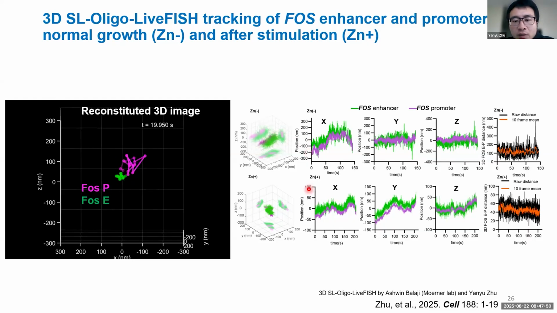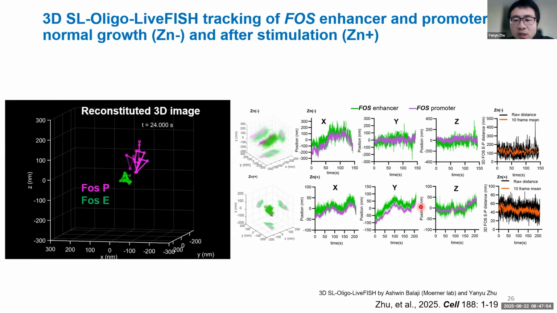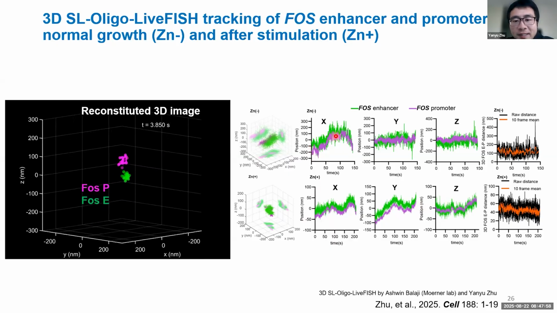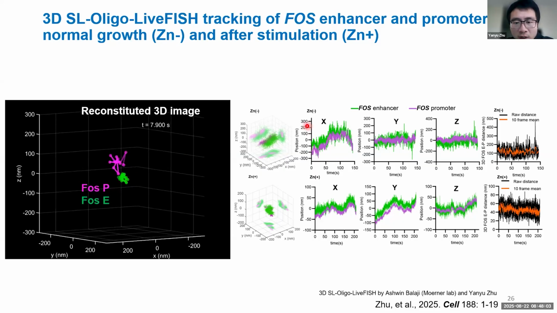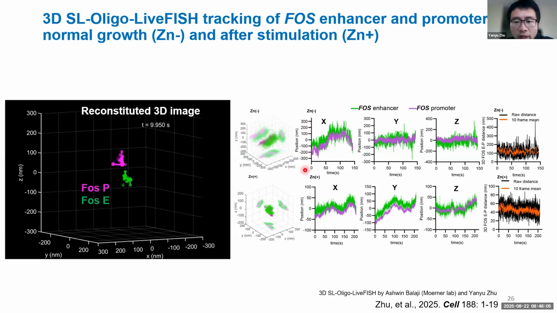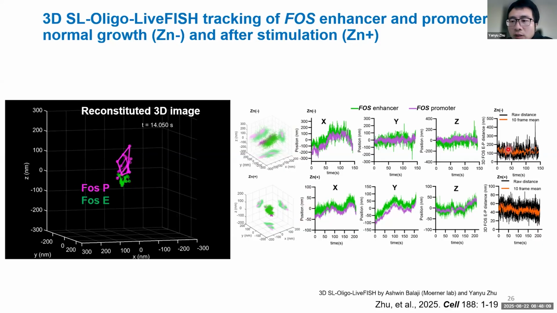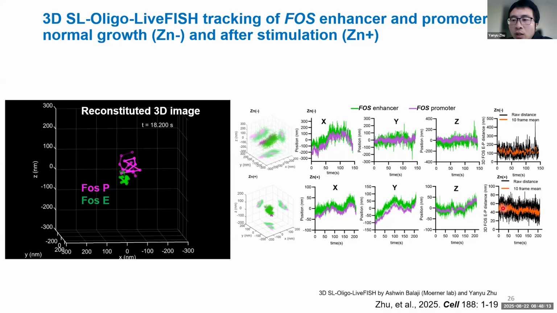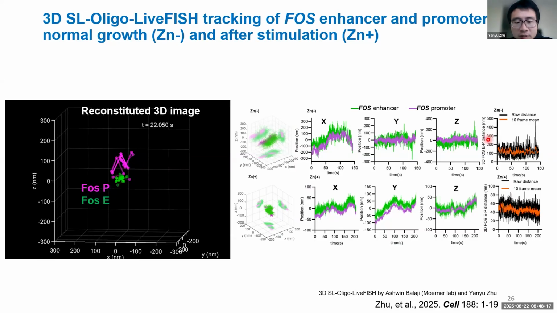And the variation of the trajectory in the XYZ dimensions is also much smaller compared to without the gene transcription. Just pay attention that the scale on the y-axis is different. Here it is much smaller. And the enhancer promoter distance when the zinc is on is also shorter than without zinc.